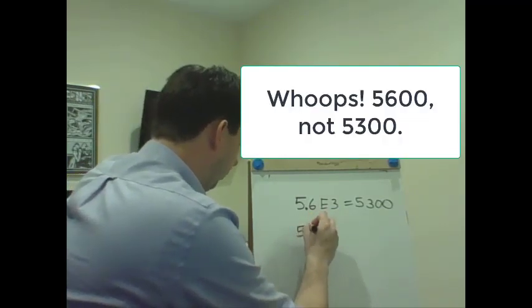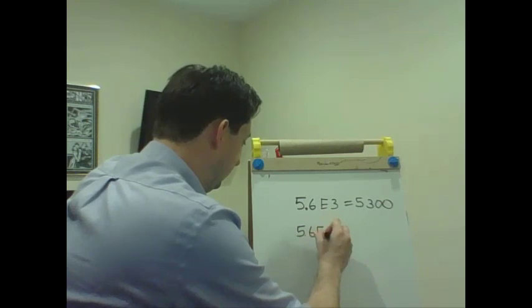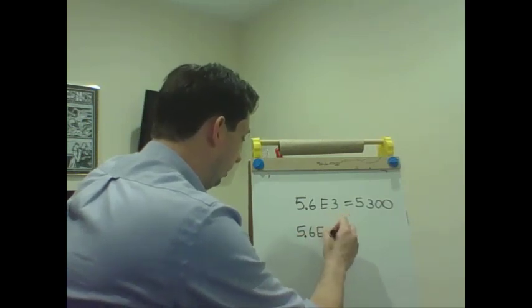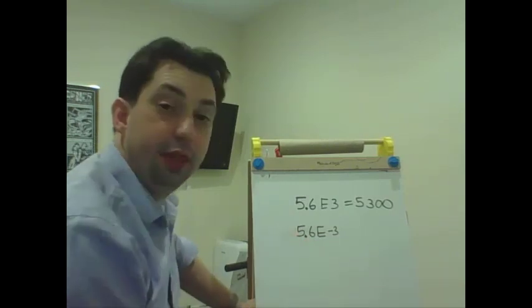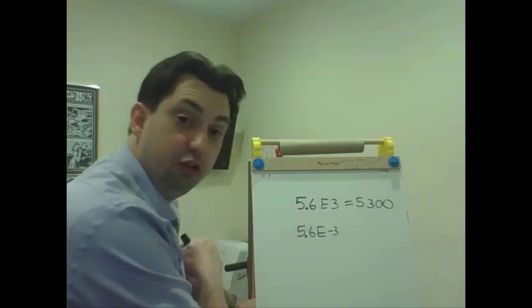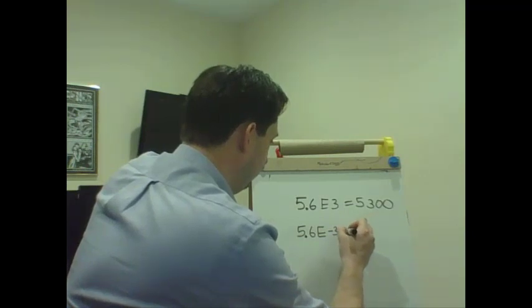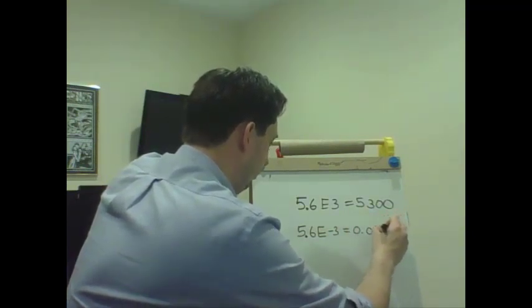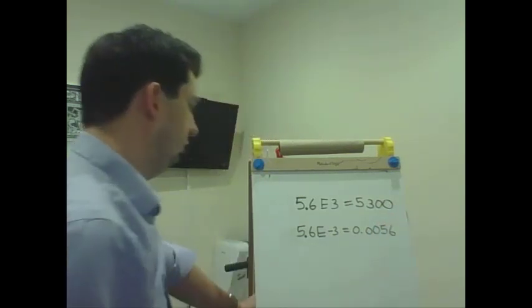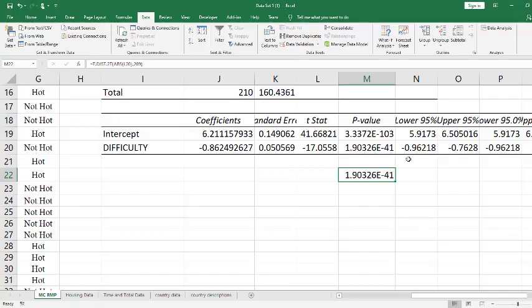If it is 5.6 E negative 3, then we're moving that decimal point 3 places to the left. Take a look at that one. 1.9 E negative 41. Not near negative 3, negative 41.